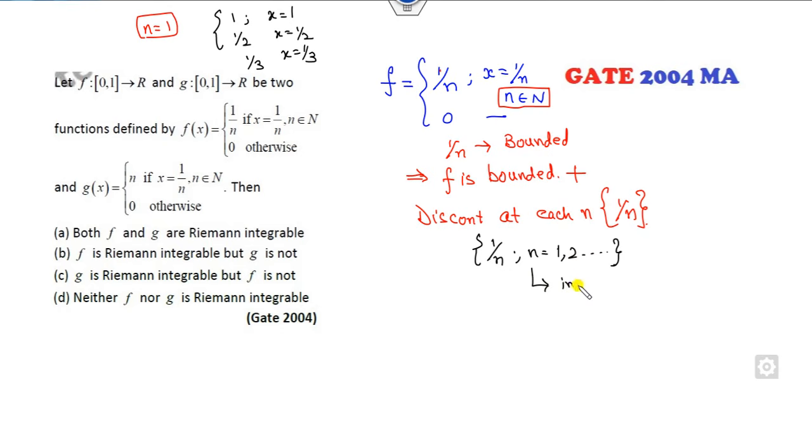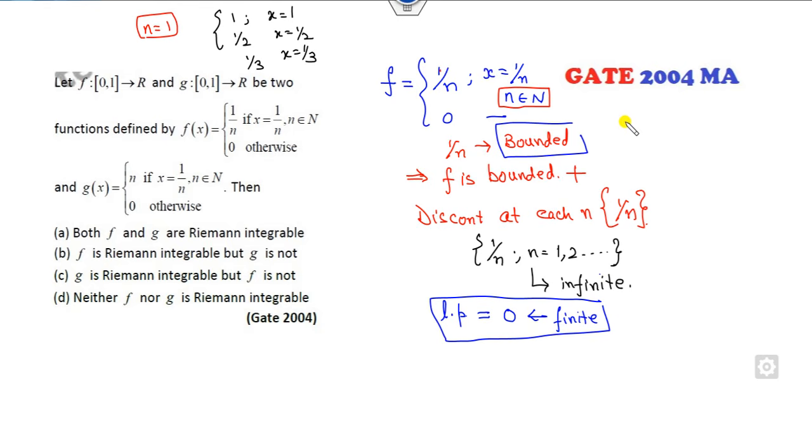It is an infinite set. Now whether it's countable or not, how can you prove that? I can take the limit point. What is the limit point of this? 0, which is finite. So once the limit point is finite and the function is bounded, it means f is Riemann integrable.